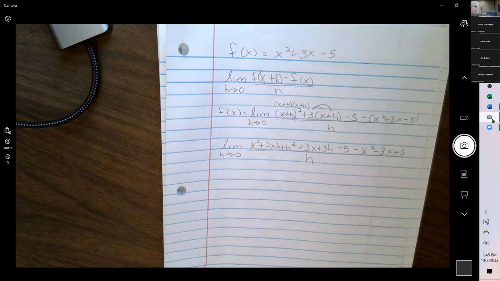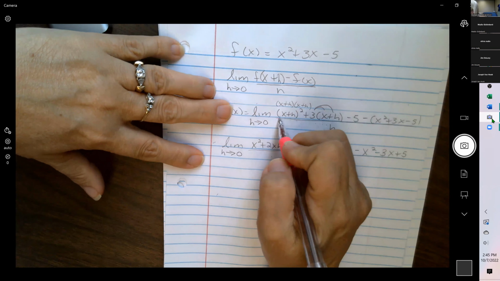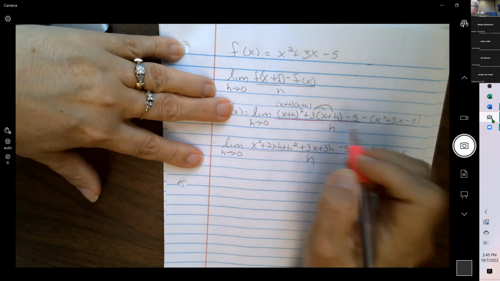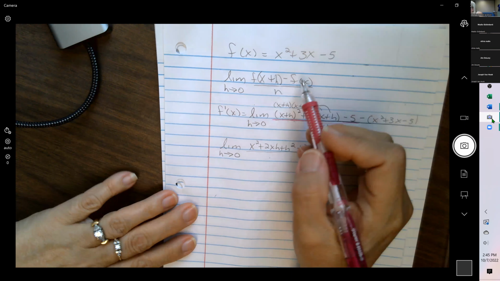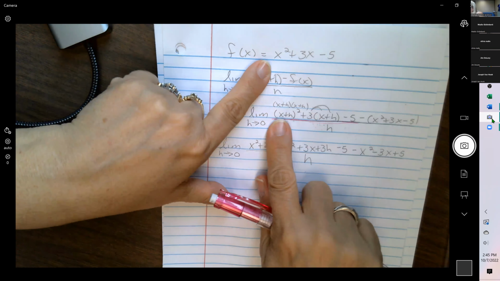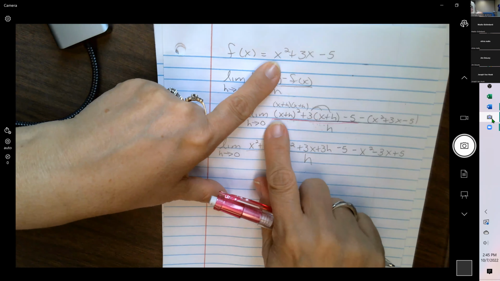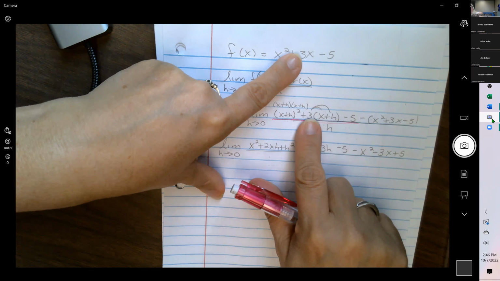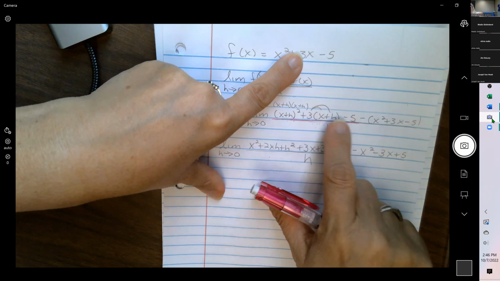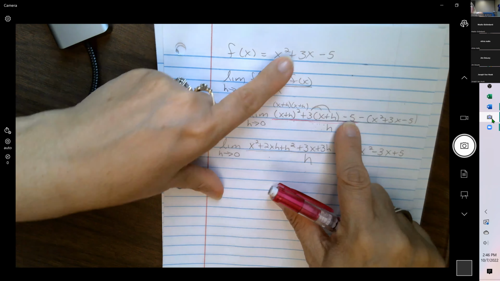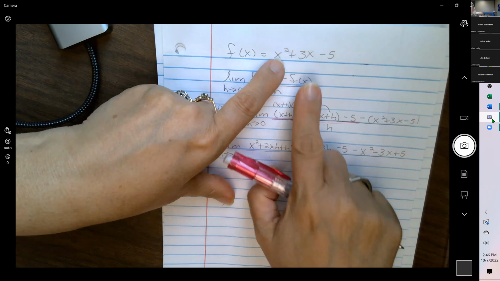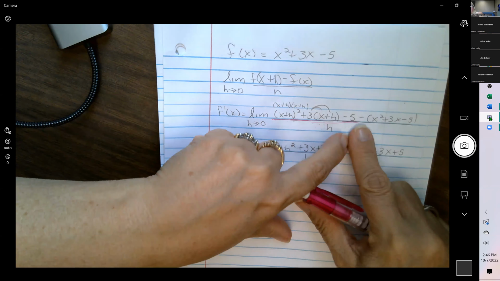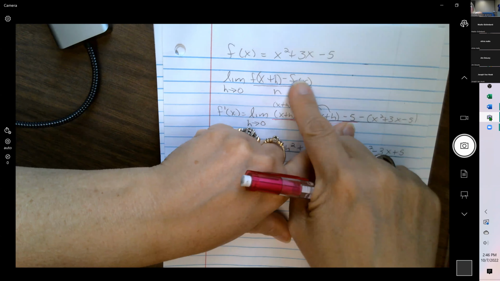That's what gives me this first part. I'm just taking x plus h and plugging it in here. So instead of just x squared, it's x plus h squared. And then 3, instead of x, it's x plus h minus 5. So you're just plugging the x plus h's wherever there's an x. And then we subtract the original.